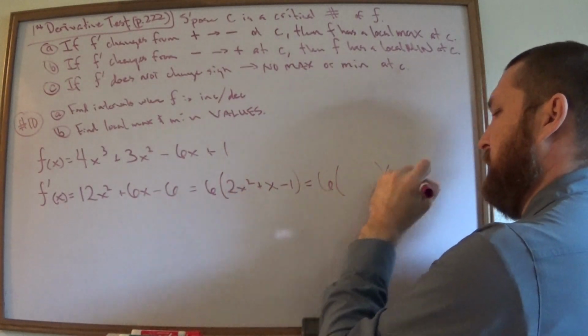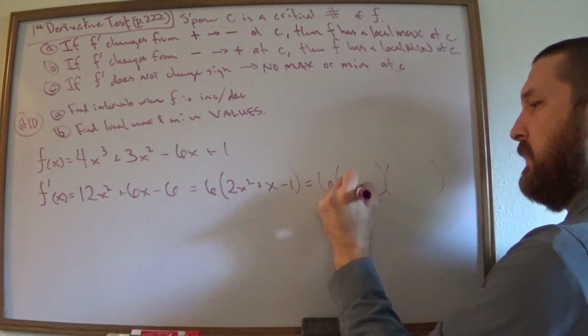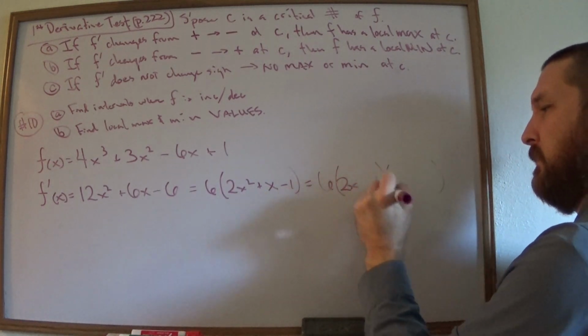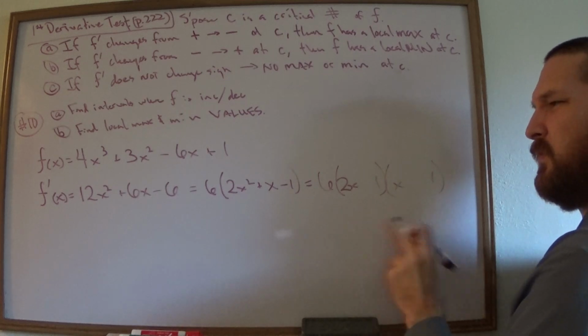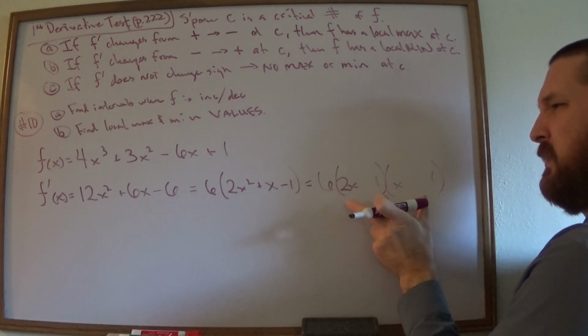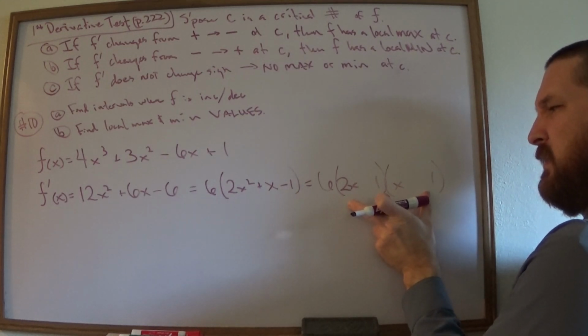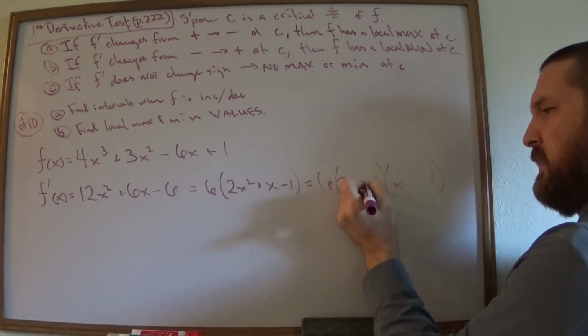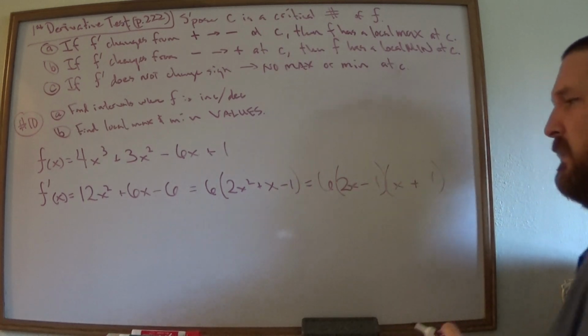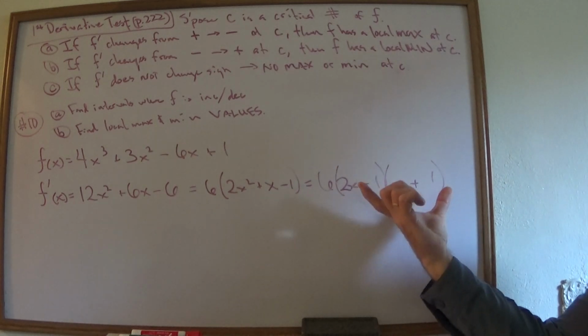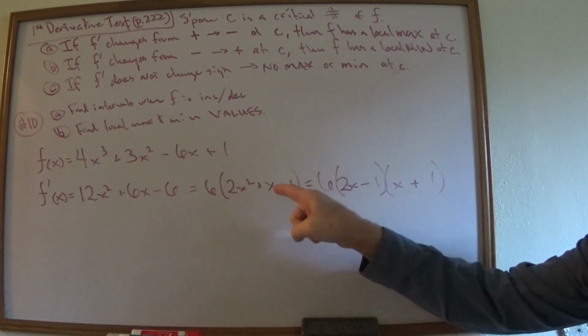This factors as 2x and an x, 1 and a 1. And which one's which? Minus on the left? That one's a minus? I think you're right, because outer, inner: outer gives me a positive 2, minus 1.